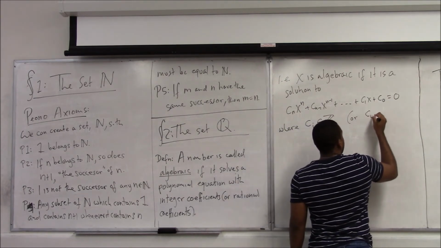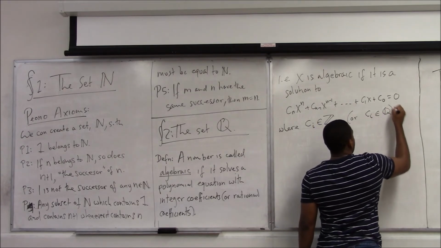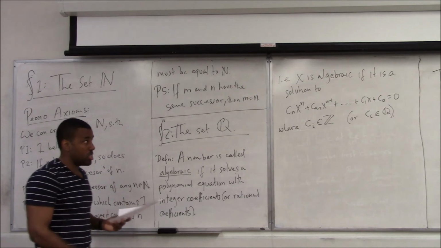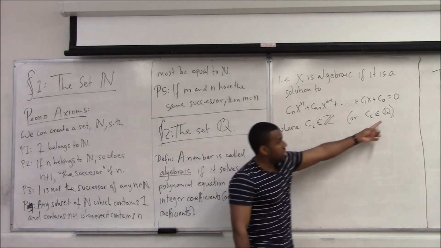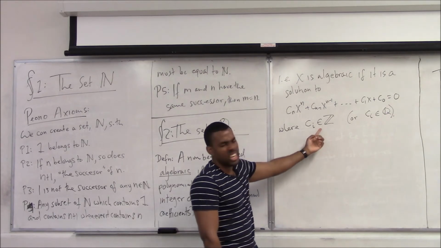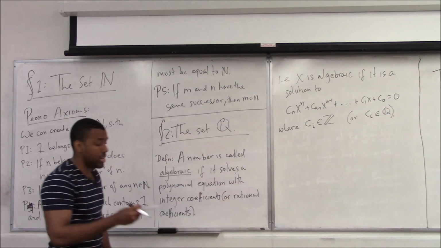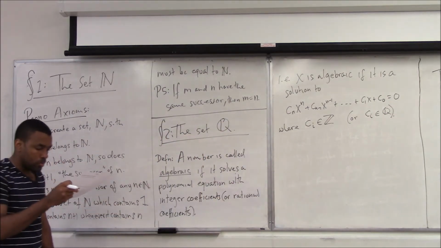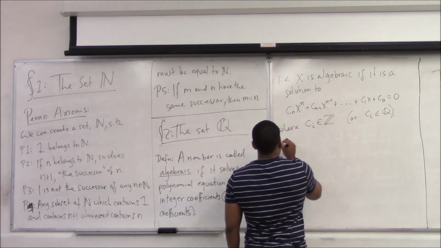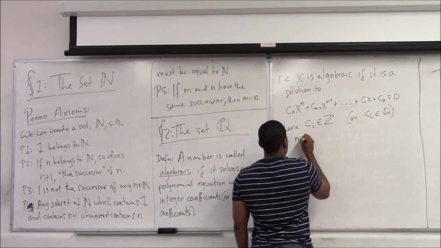Or some places say the Ci are elements of Q. They're both countable sets, so there's not going to be much difference. If your coefficients are in Q, you can multiply through by the LCD of all those coefficients and get coefficients in Z anyway. And n is greater than 1.